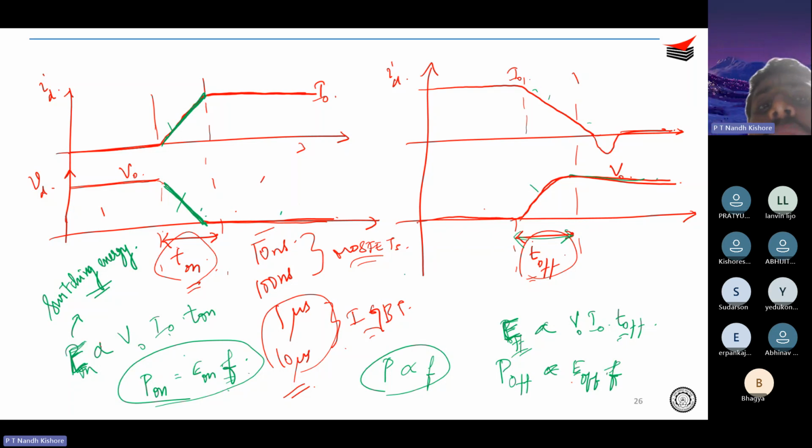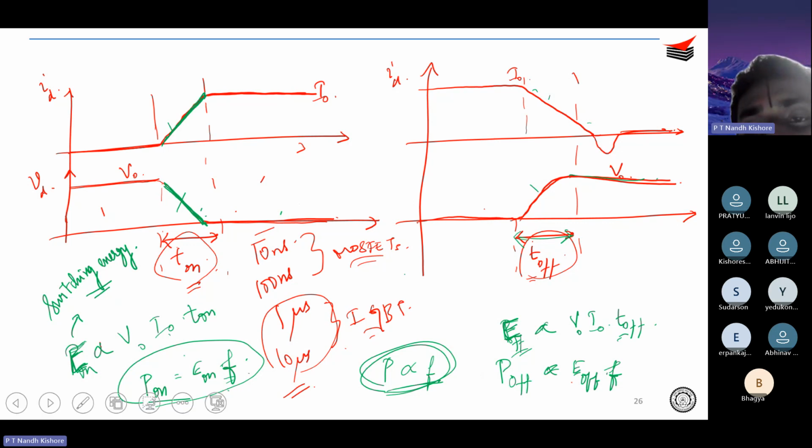If the switching frequency is 100 kilohertz, it means you are turning the device on and off 100,000 times in 1 second. So there will be a power loss every time, and the higher the frequency, the higher the power loss.